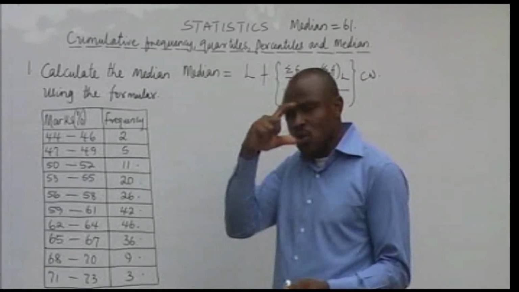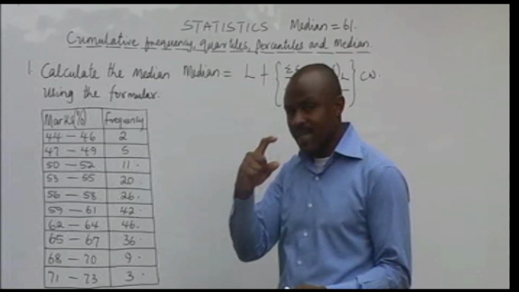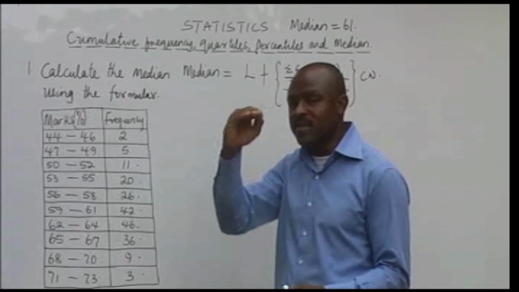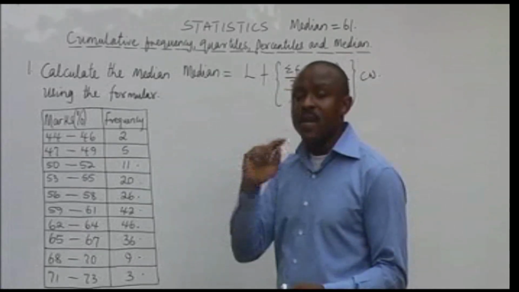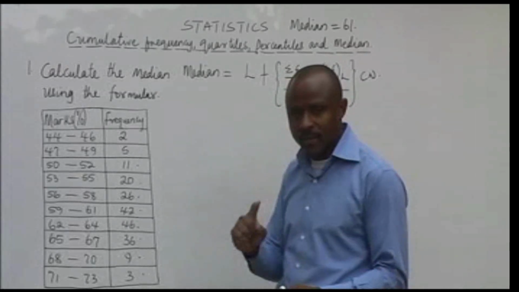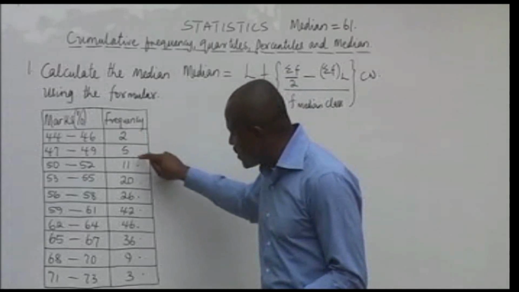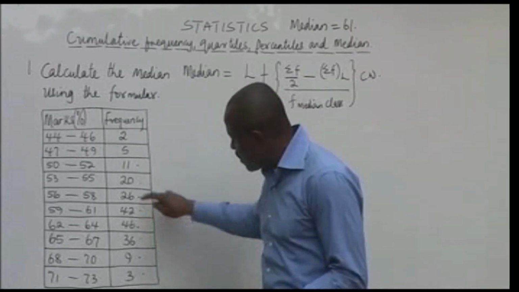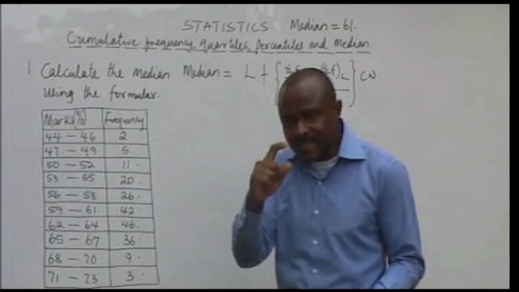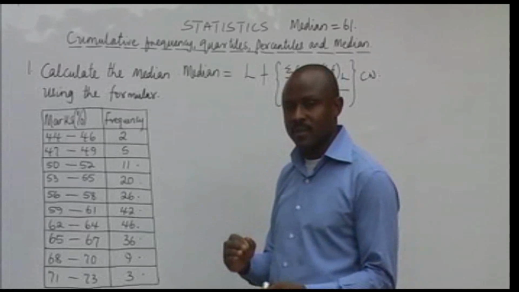Now having that 200 as a point of contact, the midway of the frequencies is 100, because half of 200 is 100. Now, begin to add these frequencies from the beginning and from the end until you get a number that is closest to 100.